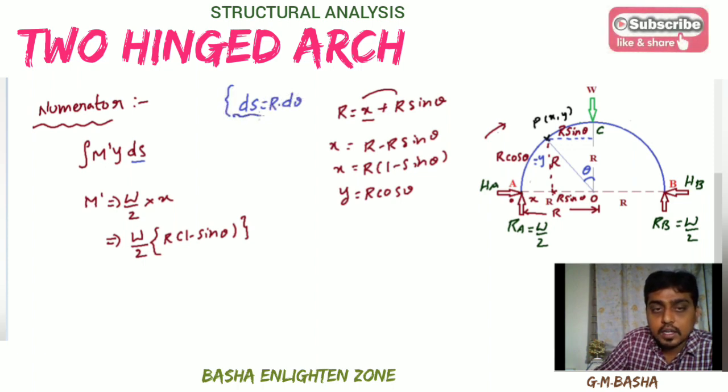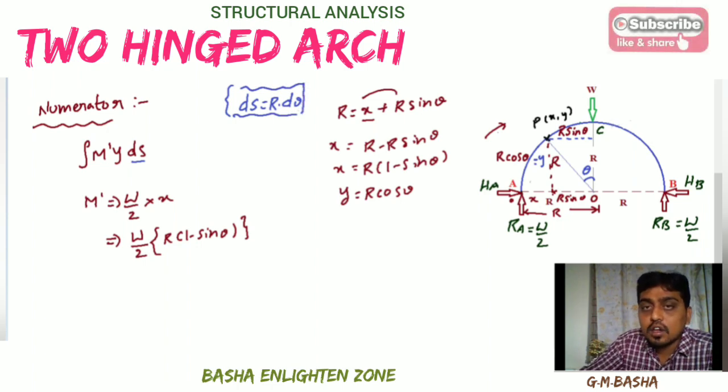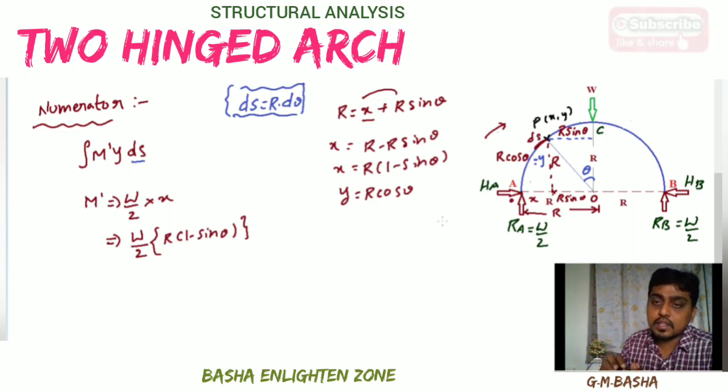Please remember this one directly. So what is this ds? ds is the small elemental length of the arch. Wherever you consider the section, some small elemental length of the arch, which is ds, is directly taken as r into d theta. So please remember that one directly.